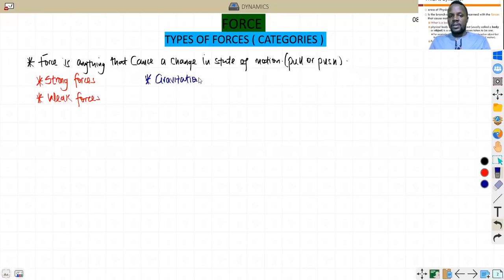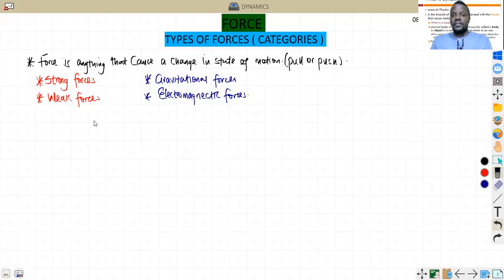And many students will tell me now, here I'm not talking about another type of force, which is quite important, which you call electrostatic force. I will explain that, don't worry. The last one I have is electromagnetic forces. Now, not to waste time on this, because most of your exams, you are going to be faced with types of forces and the description of each of them, which I think you might have studied in early classes.